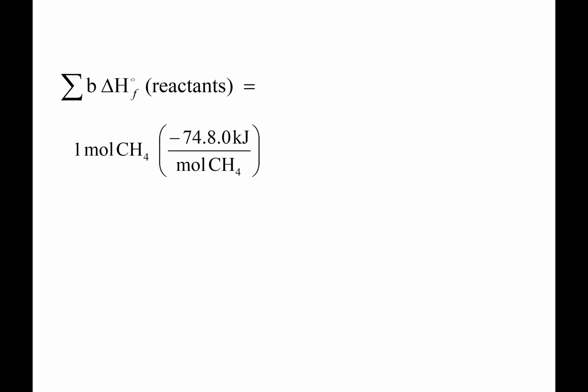The stoichiometric coefficient in front of the methane was 1, so 1 mole of CH4. From the table, you're looking at negative 74.8. Forget that extra little, I don't know if it's 0.80 or 0.8, but anyway, 74.8 kilojoules per mole. The other reactant was oxygen, so 2 moles of O2.